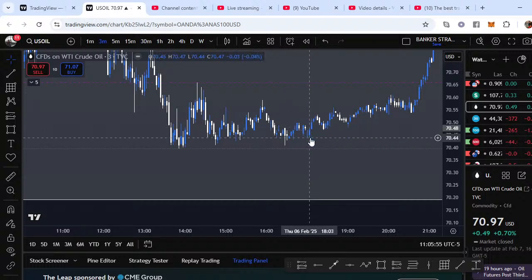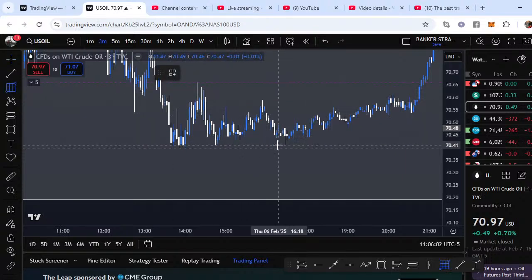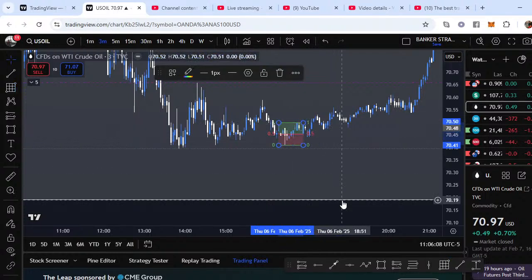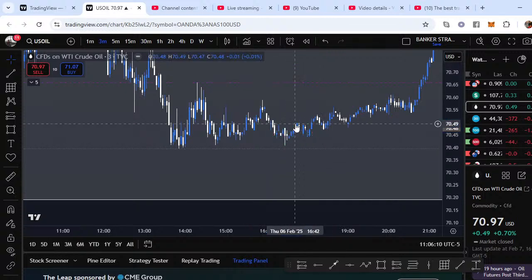Okay, did it retrace? Yes. Where? 50% of the range, at least the 50. And it did. Okay, cool. So now, does it break again? Yes. Does it go lower than this? No.